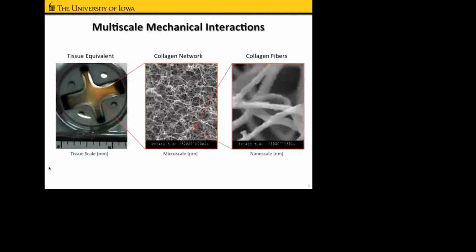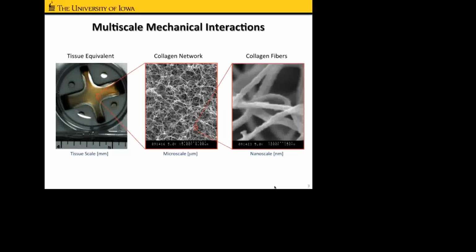And so multiscale mechanical interactions are physical interactions that span across scales within soft tissues, starting from the extracellular matrix and the individual collagen fibers, which you can see on the right-hand side here. These collagen fibers are organized into hierarchical structures, such as collagen fiber networks, in increasing levels of organization as you move up through the different scales of the whole tissue.